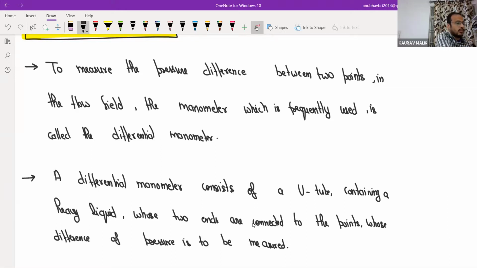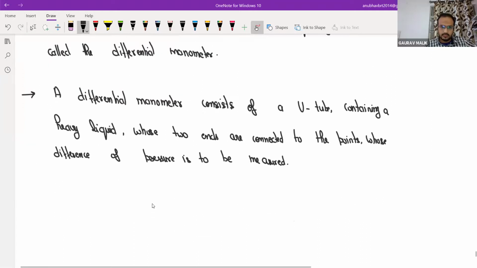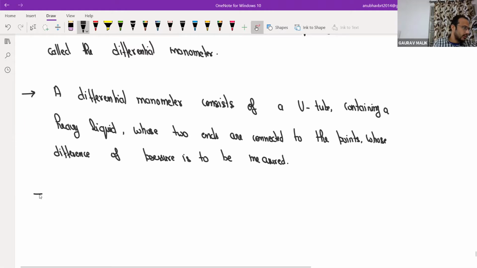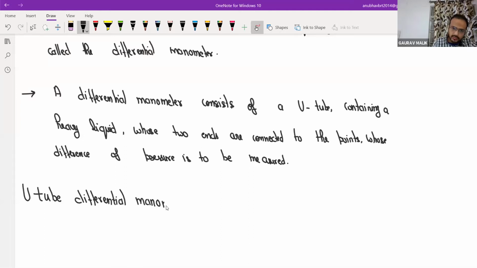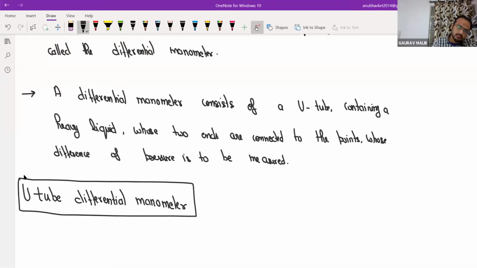Write down first one, the U-tube differential manometer.